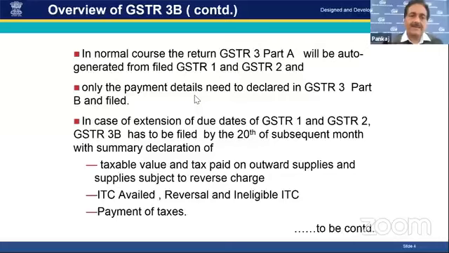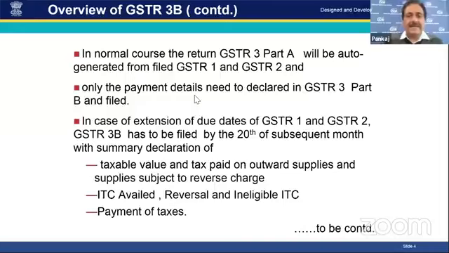And for the month of July onwards, there is an extension of due dates of GSTR 1 and 2. So in this case, GSTR 3B is required to be filed by the taxpayers, and all the entries need to be entered as in the return format. So I will further elaborate what are the entries which need to be made.